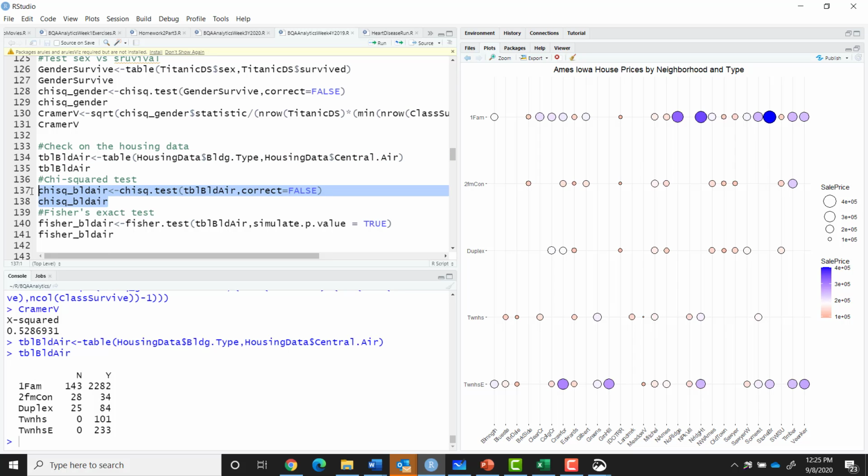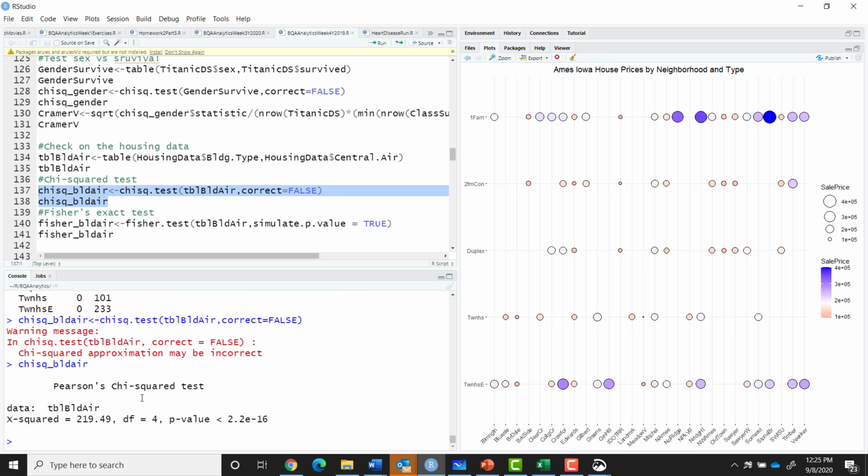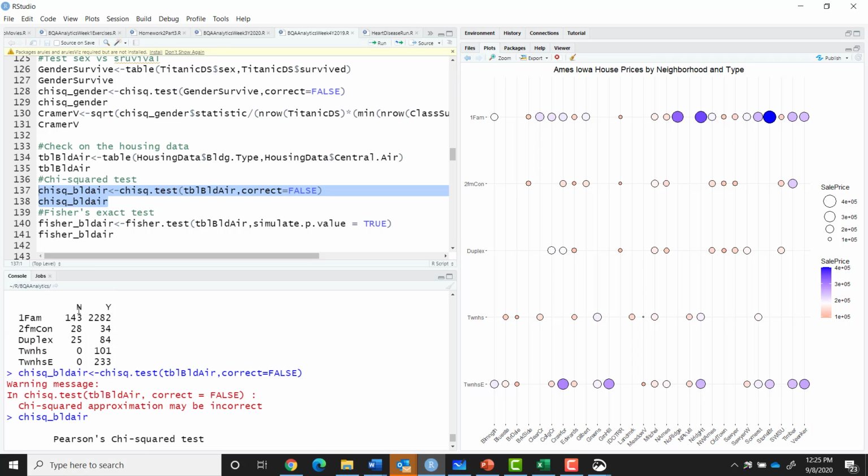So we can run a chi-squared test. And we can see it's very significant. But there's a bit of a problem here in that if we think of a category with only a few items, this category, for example, has very few items, and only a few of them are not going to have central air.